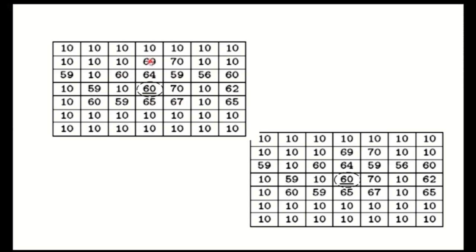So you can see 60, 69, 64, 60, 65, 67, 59, 70, or this complete line. On the contrary, 10, 10, 10, all 10s are equal. So this is an edge. Here also an edge. Then we can have another. Likewise, we can apply thresholds and divide the overall image into different regions, where regions are growing, because we are collecting similar property, similar gray levels together, so the region grows.